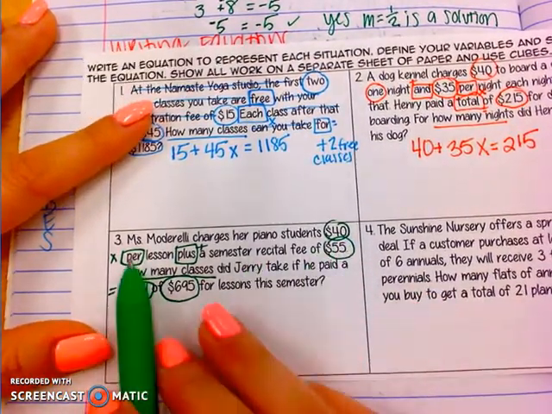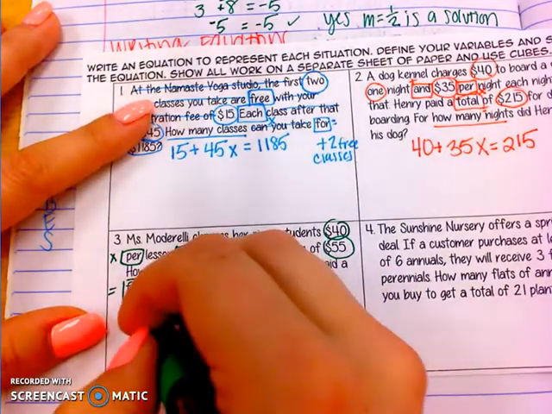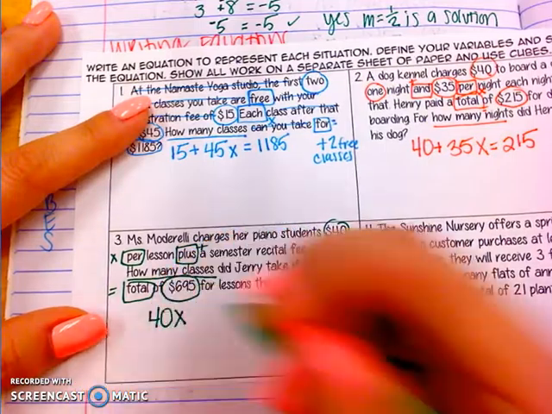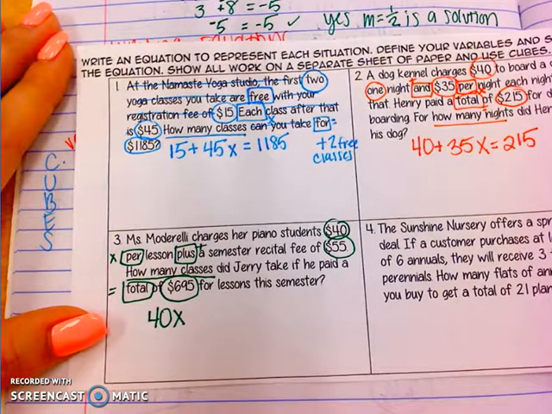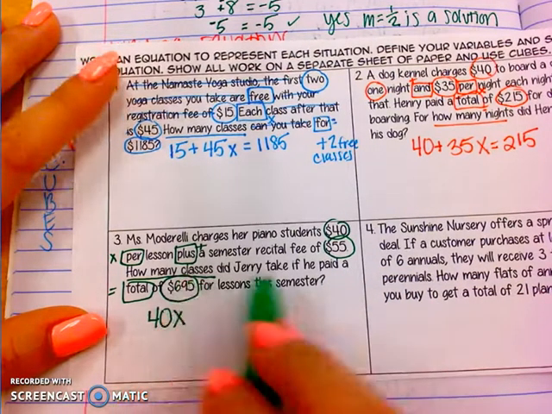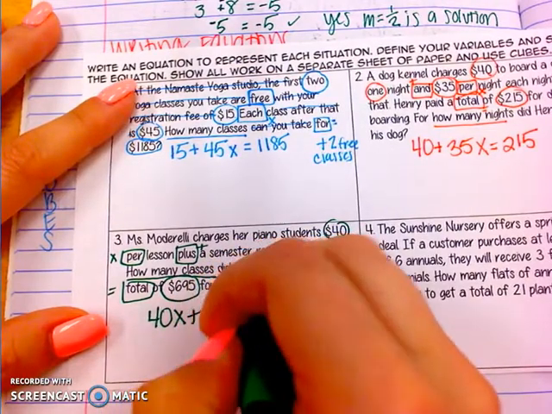It's $40 per lesson. That's the multiplication. I don't know the number of lessons. So it's 40 per x, or per that value we don't know, that number of lessons, how many classes. Okay, plus tells me exactly what I'm doing, a recital fee of $55.